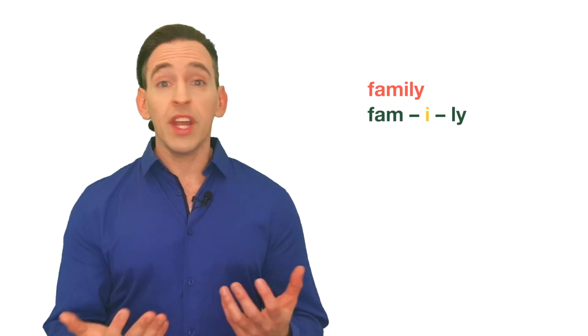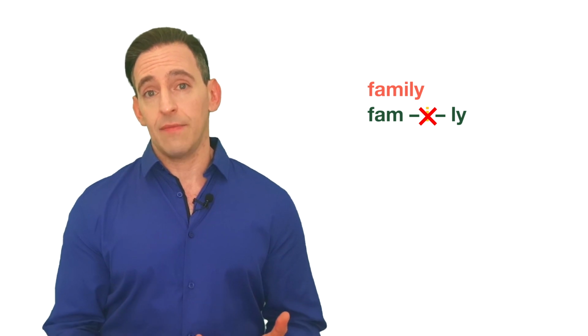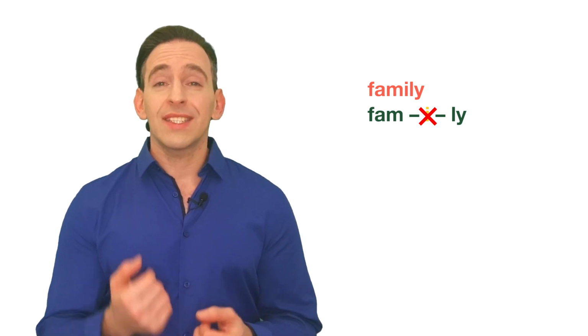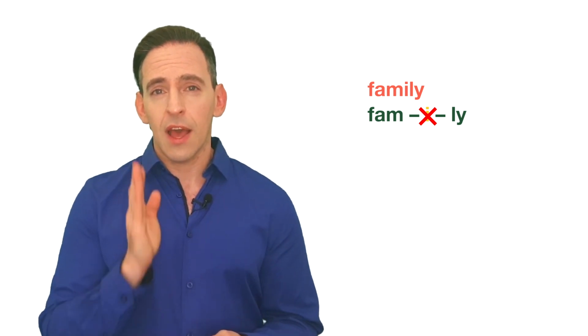The next word is such a common word, yet it is so commonly mispronounced. And that is the word family. Yes, I know, even a word like that. And there you can see, it's got that middle I that we don't really need to say. So instead of saying three syllables, we can just say this as two syllables.